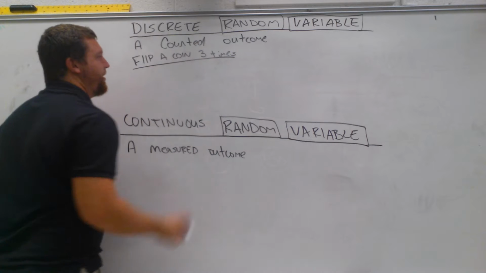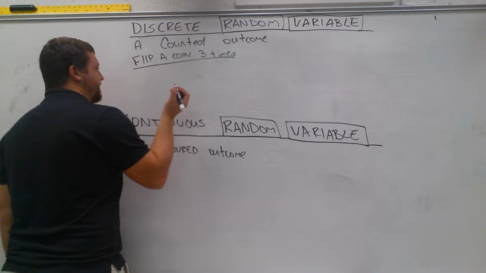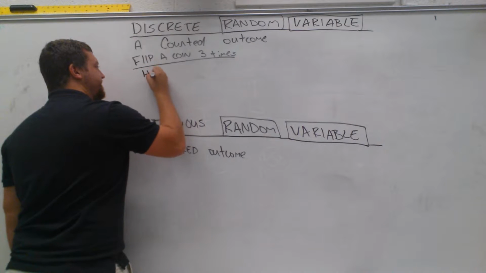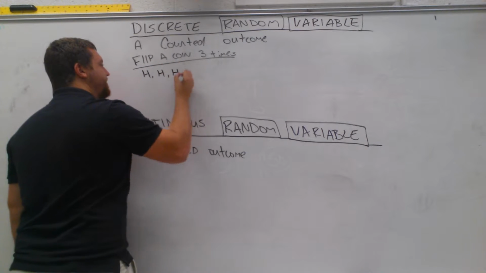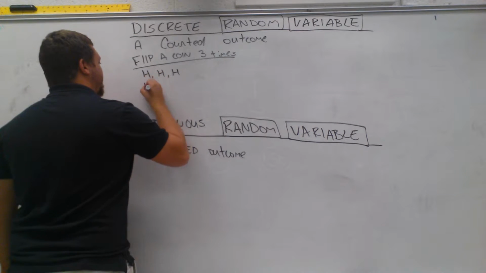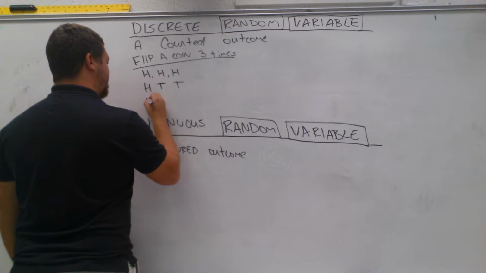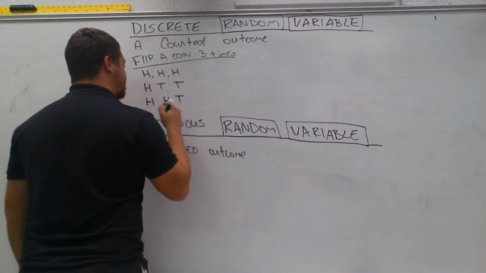Okay. What are my possible outcomes? If I flipped it 3 times, if I could get lucky, I could go heads, heads, heads. I could do heads, tails, tails, heads, heads, tails.